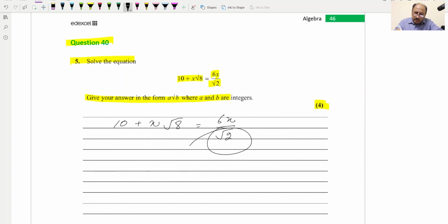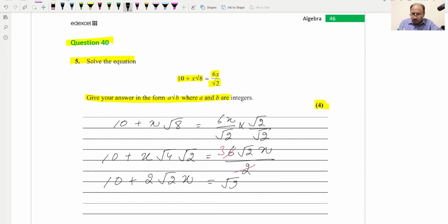To get rid of this root 2, we can multiply and divide by root 2, and this will be 10 plus x, and we can rewrite it as root 4 root 2, and this will be equal to 6 root 2 x, divided by 2, since root 2 squared will be 2, and we can cancel this 2 by this, and we'll get 3 over here. Our next step will be 10 plus root 4 will be 2 root 2 and x, and this is equal to 3 root 2 x.